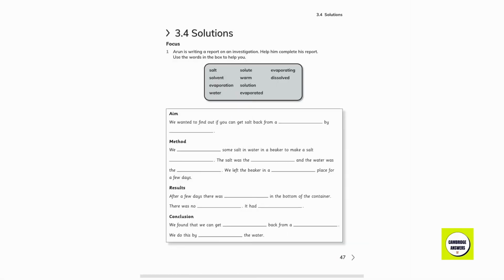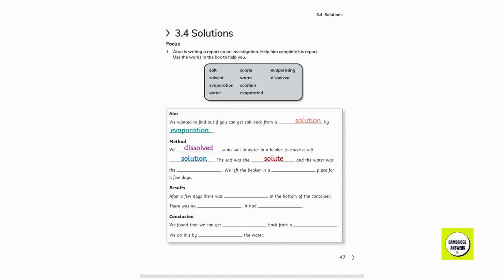Exercise 3.4 Solutions. Arun is writing a report on an investigation. Help him complete his report. Use the words in the box to help you. We wanted to find out if you can get salt back from a solution by evaporation. Method. We dissolve some salt in water in a beaker to make a salt solution.